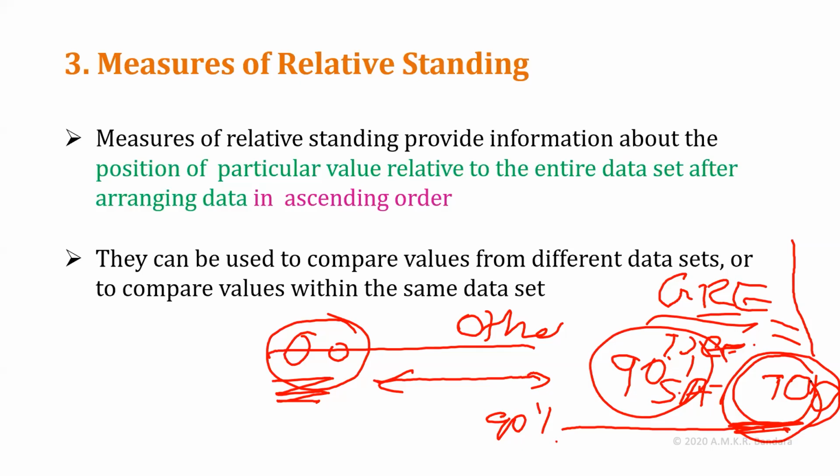My score is in the 90th percentile. If my score is in the 99th percentile, that is, he is in the top 1% of students.